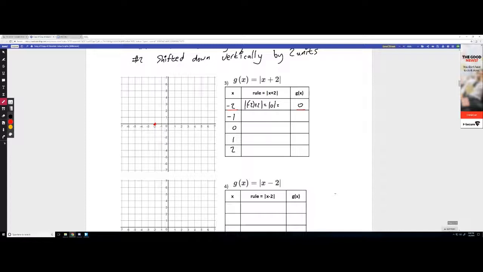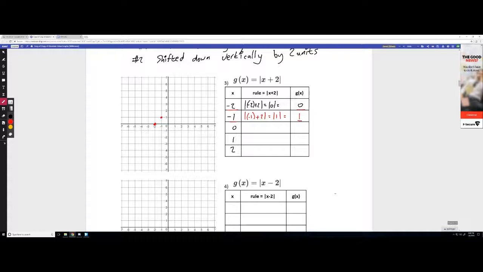That's interesting. And then -1. Let's substitute it in. -1 plus 2 is the same as saying 2 minus 1, which is just 1. And the absolute value of 1 is just 1. So we have -1 comma 1.